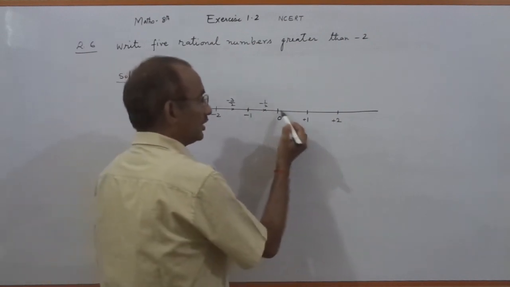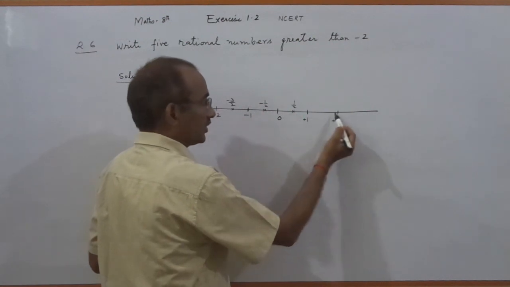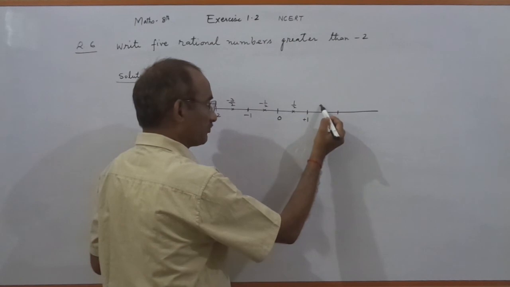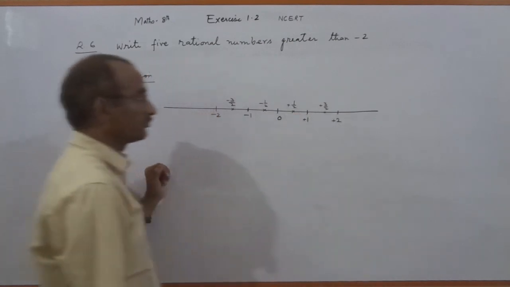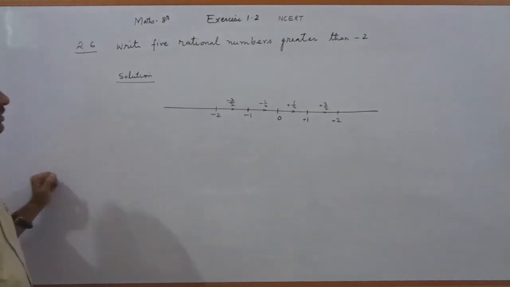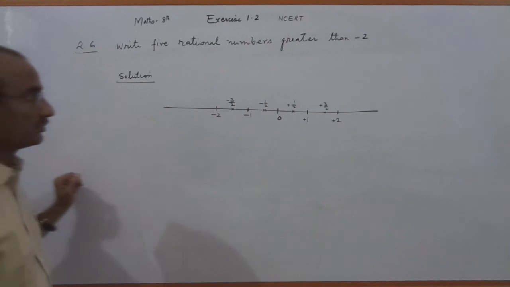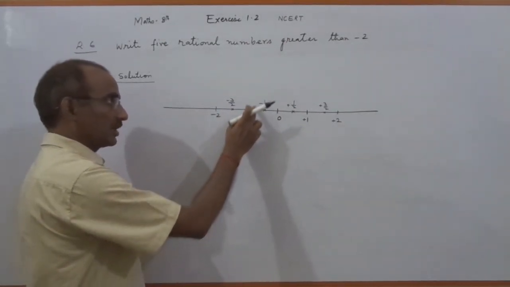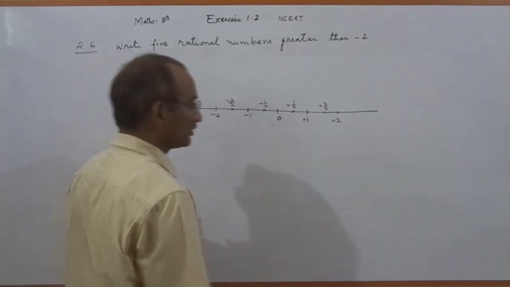Between 0 and +1 we have +1/2 and between plus 1 and plus 2 we have plus 3 by 2. We have to write 5 rational numbers greater than minus 2. So these are minus 3 by 2, minus 1 by 2, 0, plus 1 by 2 and plus 1.